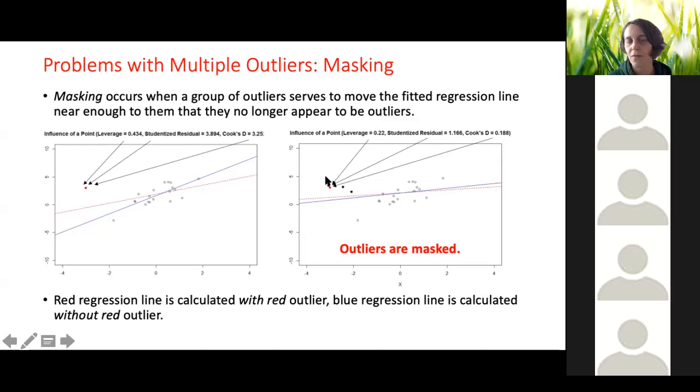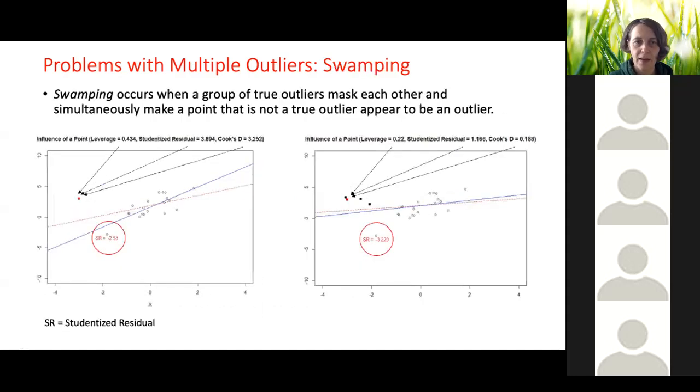And the same is true, of course, for all other points. The other ones here always prevent each individual point from being identified as an outlier. A related phenomenon is called swamping. Swamping means that if we have multiple outliers that pull a regression line towards them, then the effect that these outliers have on the regression function might make a data point that's actually not an outlier appear like an outlier.